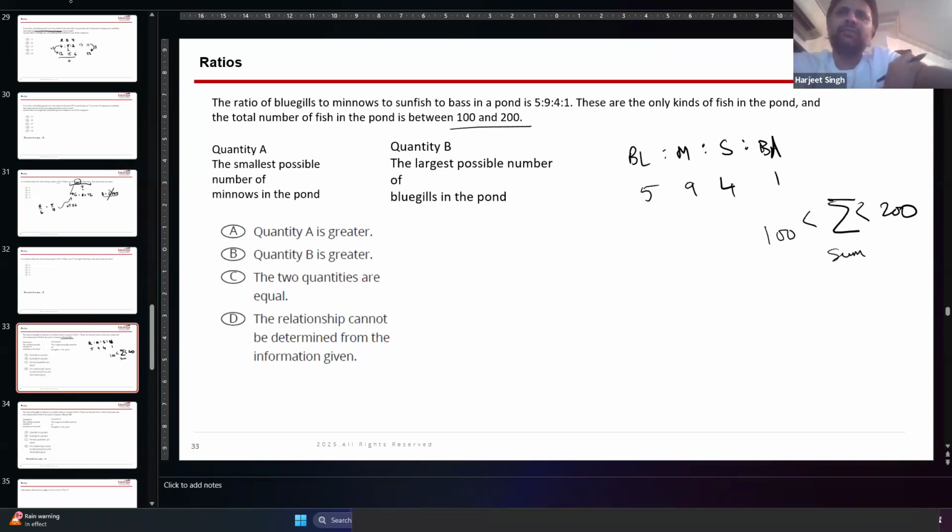How can we set this up? Could you sum up the ratios and then divide them by 100 and 200 to get the largest and smallest?